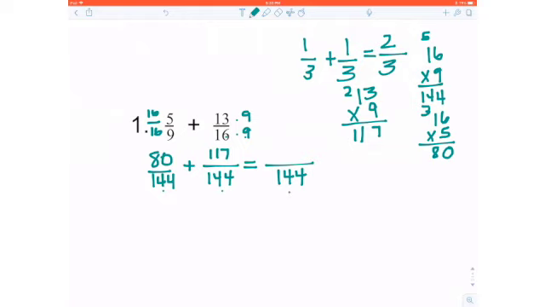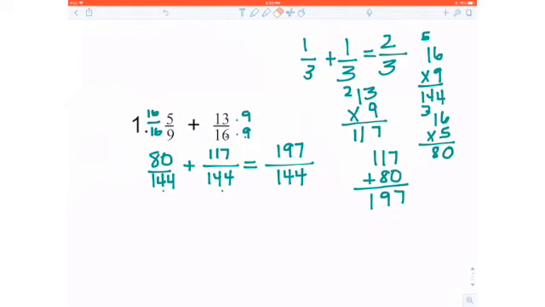And what we're doing is adding the number on the top, the numerator. So we're going to do 117 plus 80, and that gives me 7 plus 0 is 7, 1 plus 8 is 9, 1 plus 0 is 1. 197 over 144.